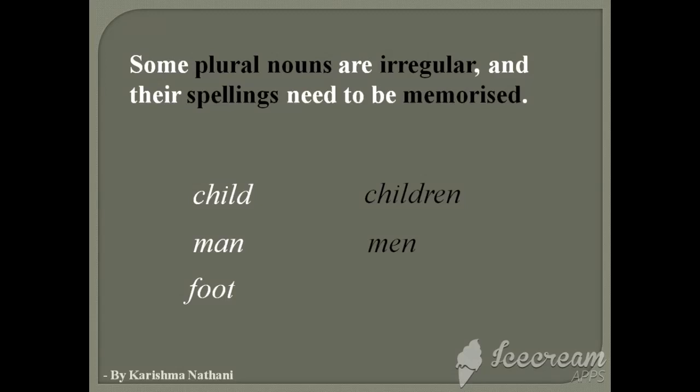The plural of man, we have to remove a and put e. The plural of foot is feet. We remove double o and put double e. This type of plural nouns are irregular, so we have to memorize them.